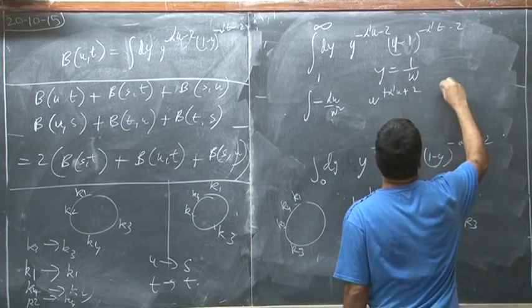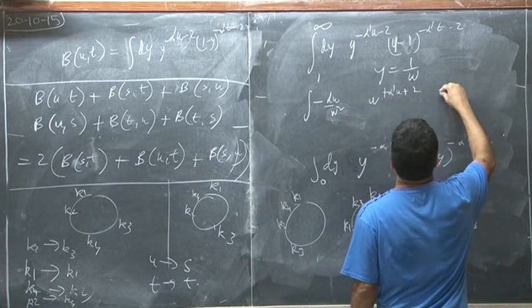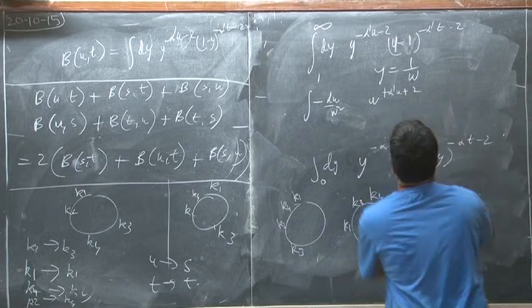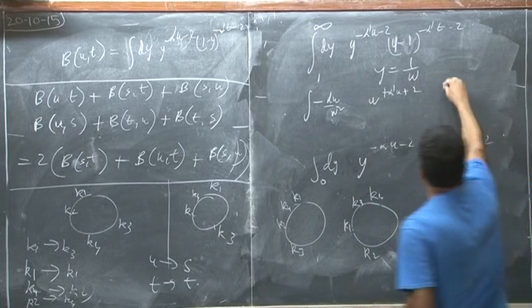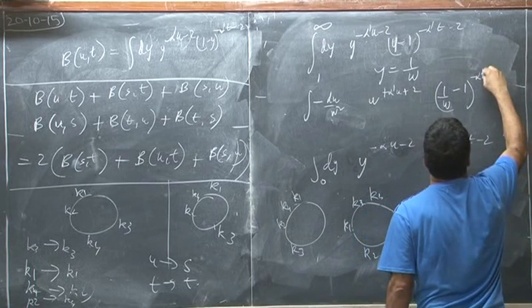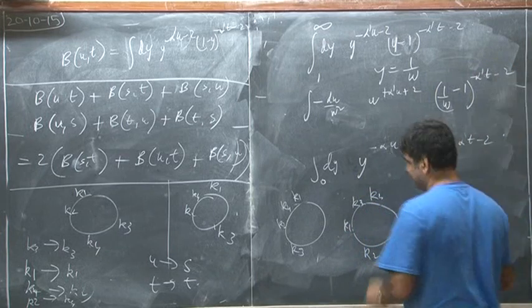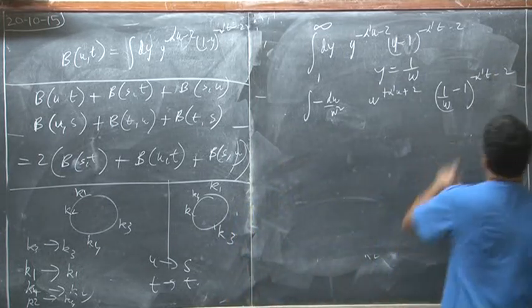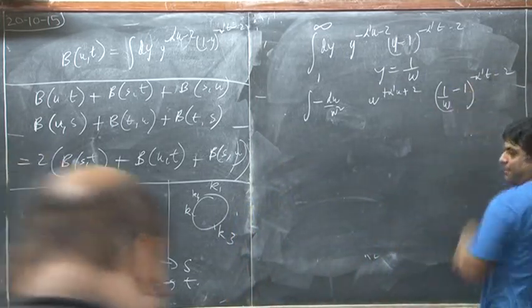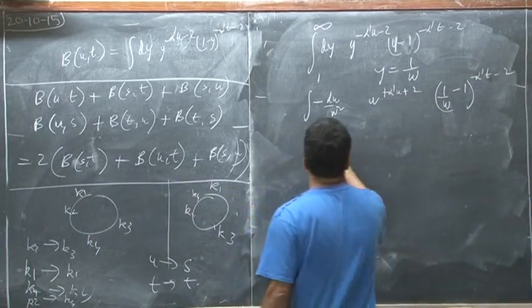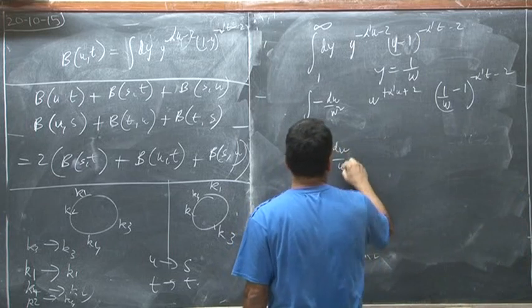And we get 1 by w minus 1 to the power minus alpha prime t minus 2. Now we put this up here, so that becomes minus dw by w square.